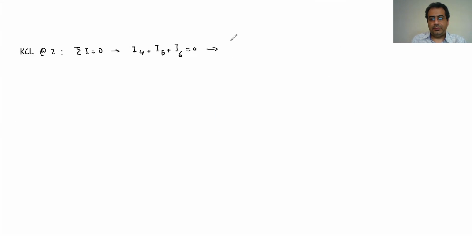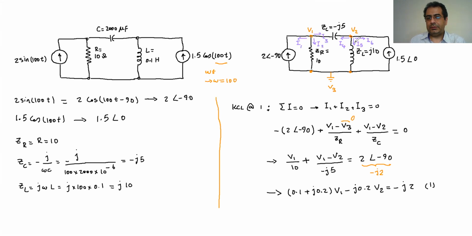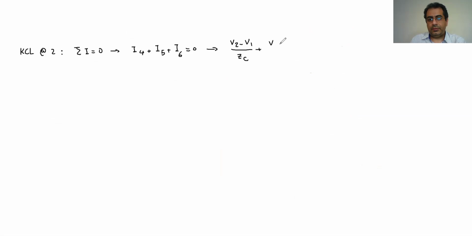Then plus I5, which is V2 minus V3 divided by the resistance between, ZL.